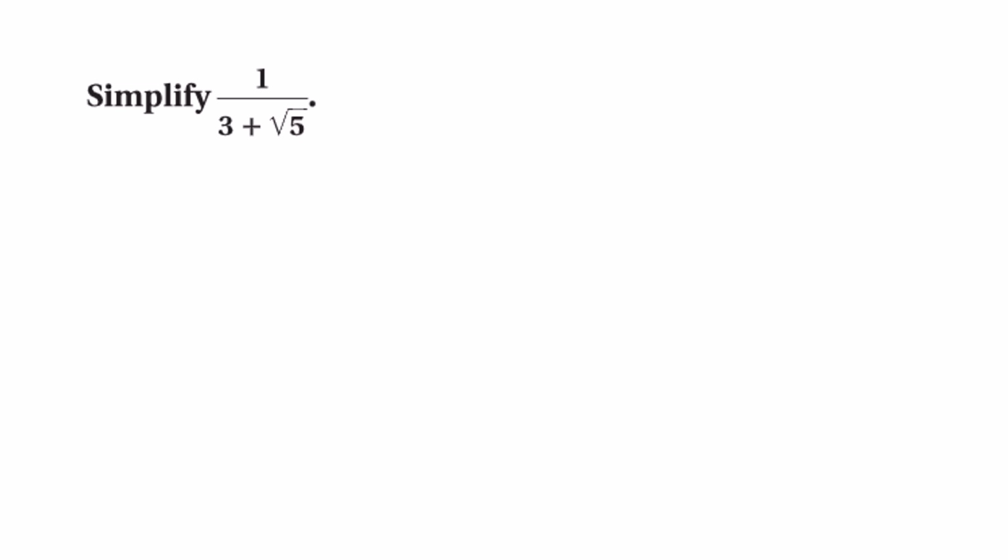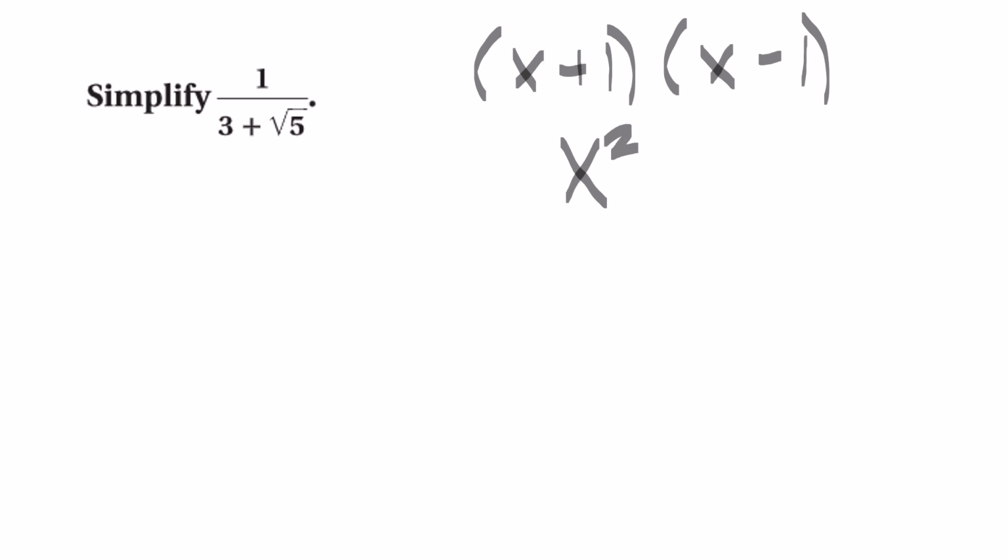So this is where we really want to think to some of the patterns that we've noticed and we've learned. And so we learned the sum difference pattern previously, and that's where we had something like x plus 1 times x minus 1. And when we saw this happen, it became the first term squared minus the second term squared.